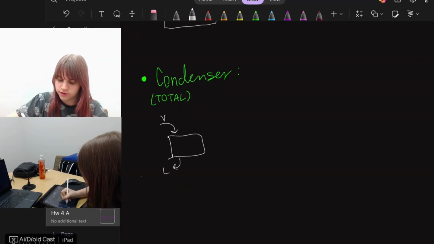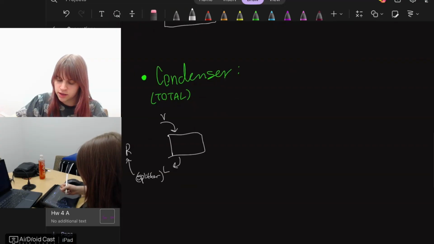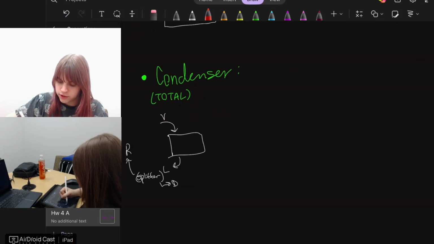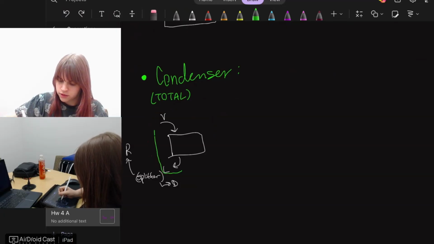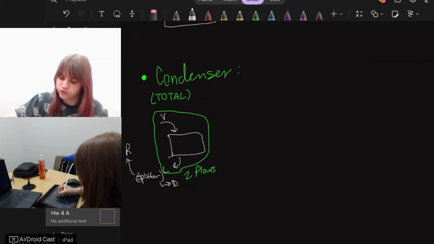That goes into the splitter, which we'll talk about next, where we have our reflux coming back into the column, and then coming out is our distillate, but what we're focused on is this section. So as you can see, we only have 2 flows, which means we do 2 times C plus 2.